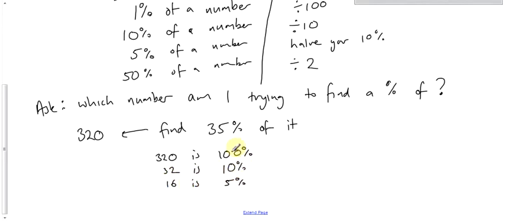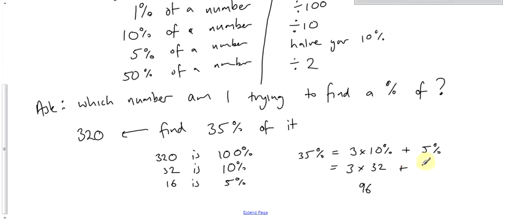And now I've got my basic building blocks. I can use them to build up the 35. So 35% is made up of 3 lots of 10% and a 5%. So let's just do that now. 3 lots of 10%, so that's 3 lots of 32. 3 30s is 90, and 3 2s is 6, so it's 96.